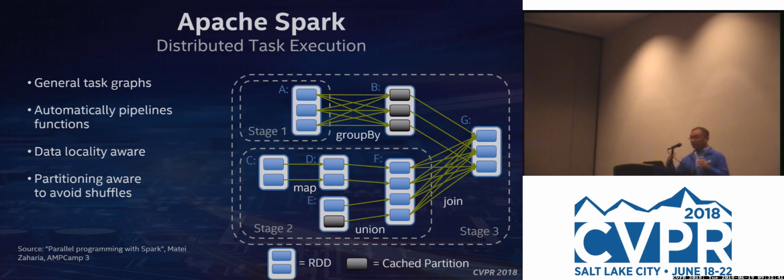In the Spark computing model, all the RDDs are immutable. You cannot make changes to an RDD. You can only transform one RDD into a new RDD, and then you perform the transformations to compute your result.